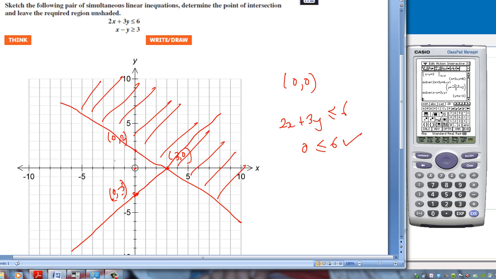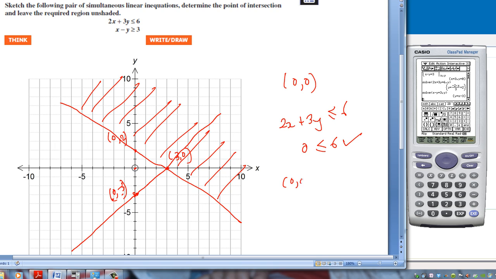Now what we'll do is find the region required of this particular graph, because either it can be on this side or it can be on this side. So I'm going to choose a test point, and the test point is again going to be 0, 0. I want to see whether it's this side that's the true one, or this side is the true one, that is the region required.